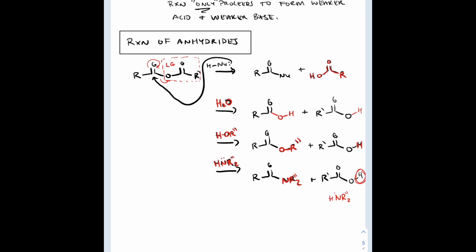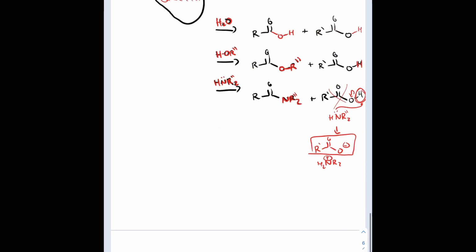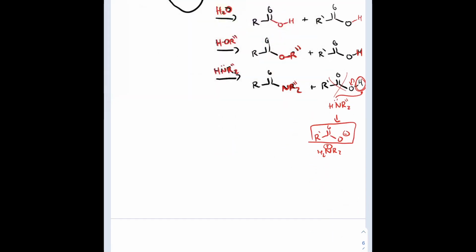Pretty straightforward reaction. This last one right here, remember amines are basic, and so this is where we might get an obvious formation of a carboxylate just by an extra equivalent of the amine coming and removing that acidic proton, forming an ammonium.